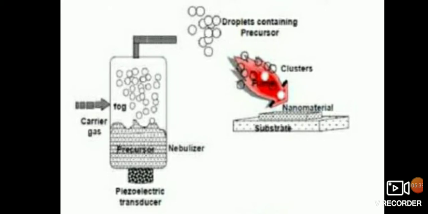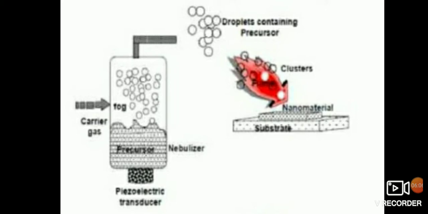The combustion flame synthesis, in which the burning of a gas mixture, for example acetylene and oxygen or hydrogen and oxygen, supplies energy to initiate the pyrolysis of precursor compounds, is widely used for the industrial production of powders in large quantities such as carbon black, fumed silica and titanium dioxide.